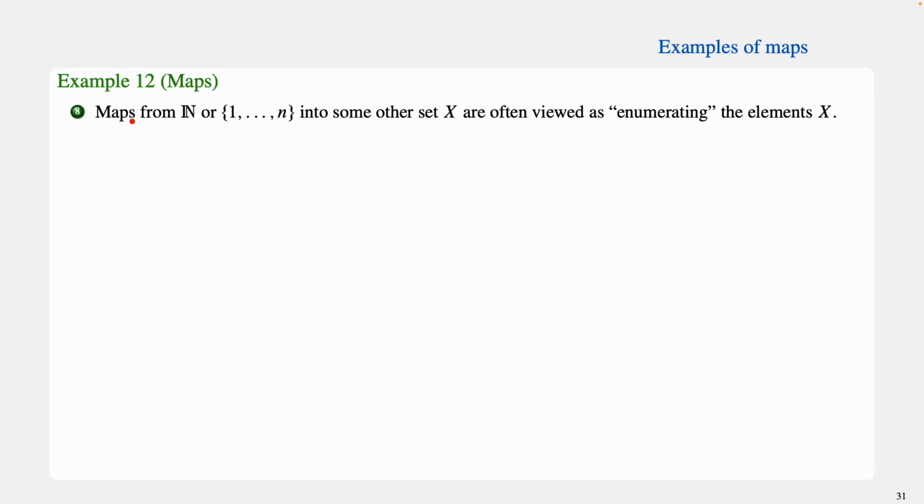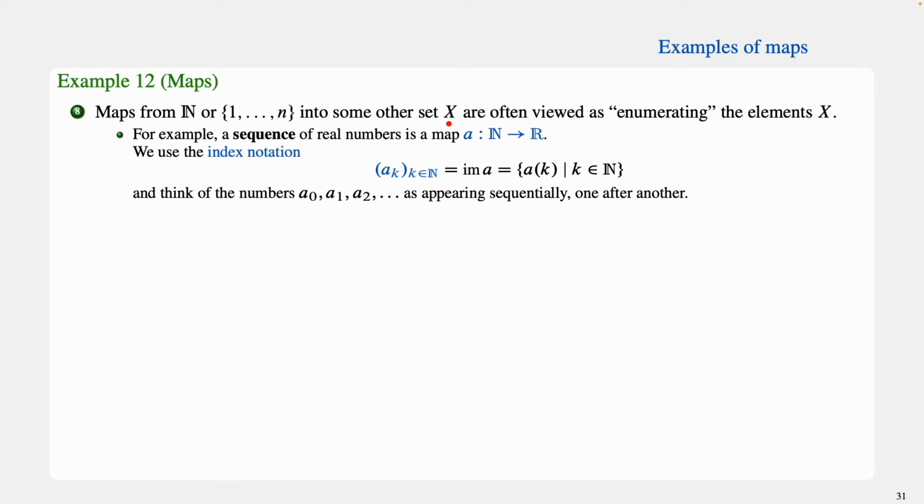So if I have a map from N, or from the numbers from 1 to n, into some set X, I can think of this as enumerating elements of X. So for example, a sequence of real numbers is a map that goes from the natural numbers into R. I call this A. And for sequences, usually you use a certain index notation, this one here. So you write (a_k) in parentheses and indicate that k is taken from the natural numbers.